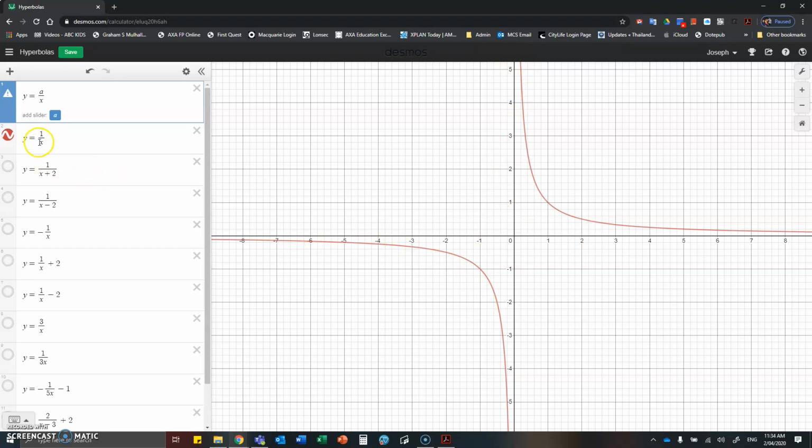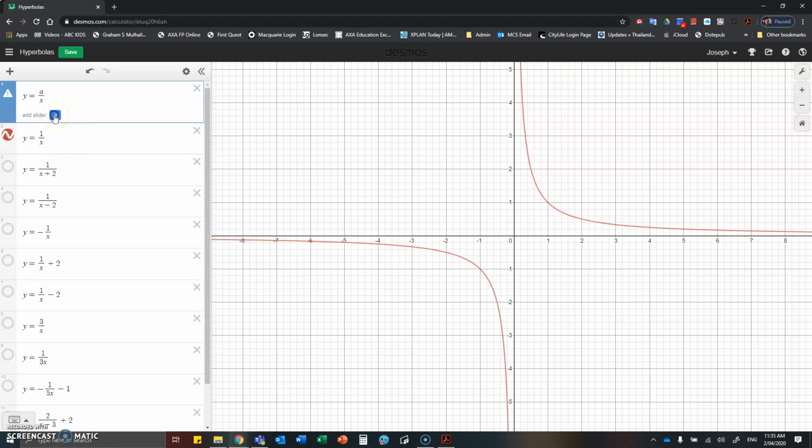So when you think about it, 1 is equal 1 divided by 1, 1 divided by 2, 1 divided by 3, you could have that value go up and down. But when you try to divide a number by 0, so if x equals 0, you can't divide by 0, it's undefined.